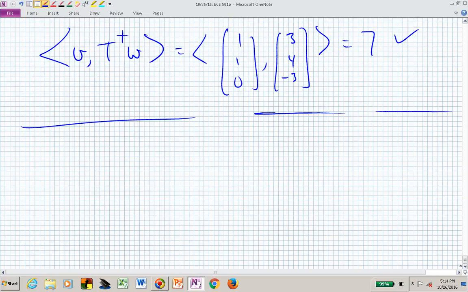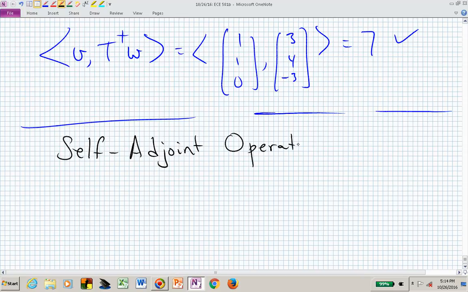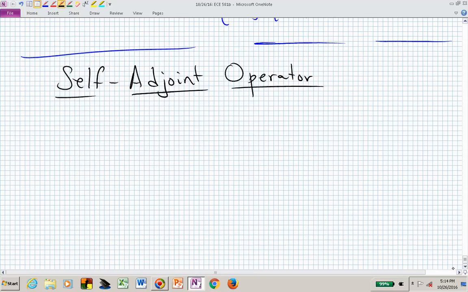Now let me introduce one new concept, and that is a self-adjoint operator, to give you something to think about over the weekend.